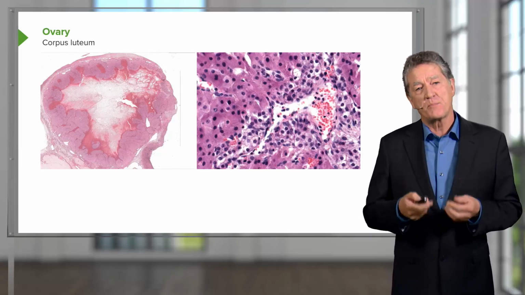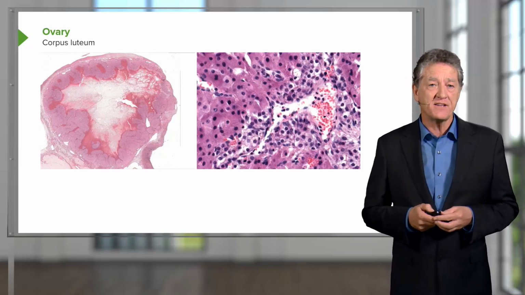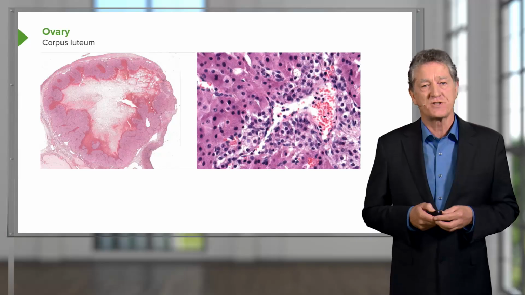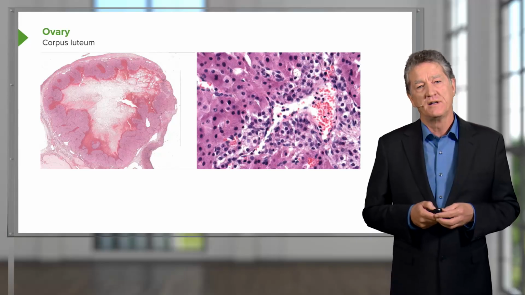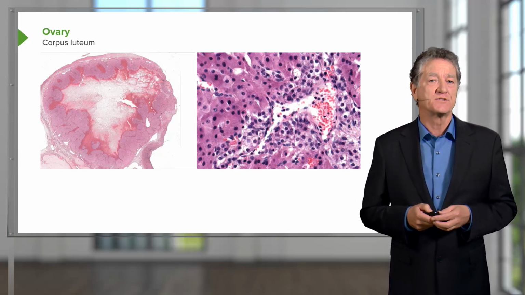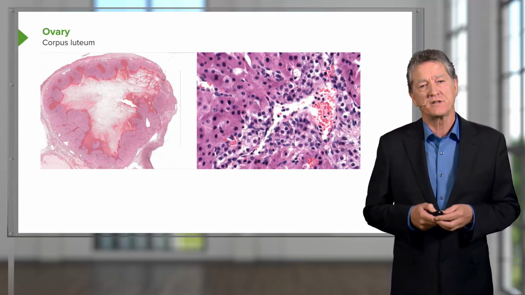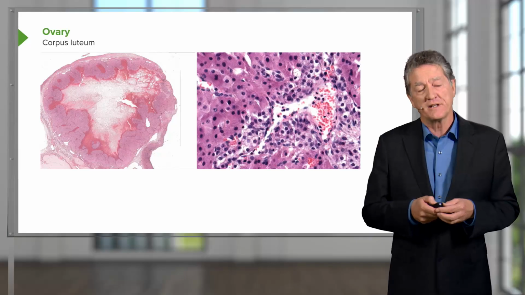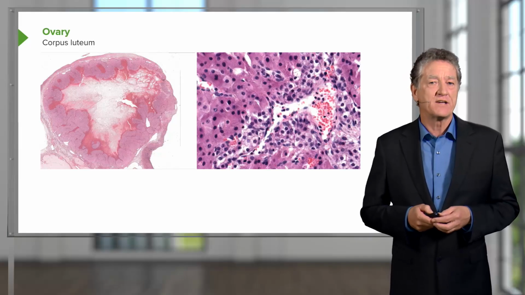And they now have the capacity to produce progesterone under the influence of LH, which I described earlier on. And this progesterone now coming out of the corpus luteum suppresses the development of follicles in the ovary during this luteal phase of the cycle.